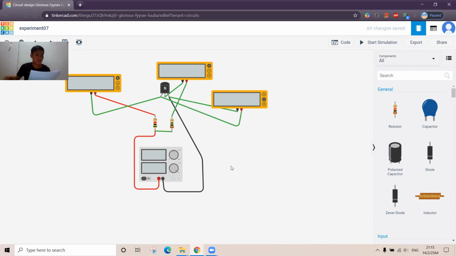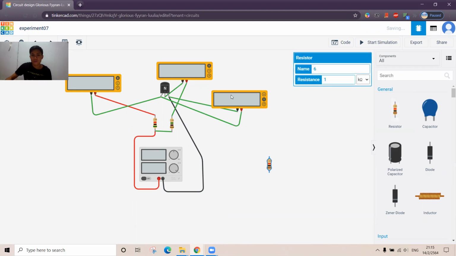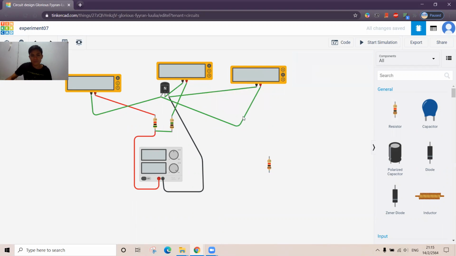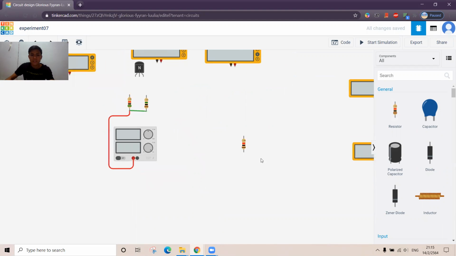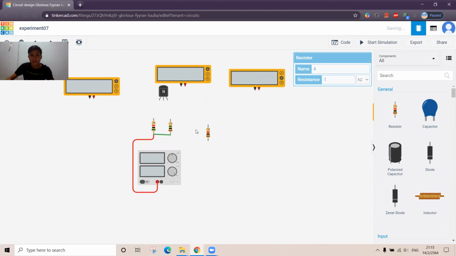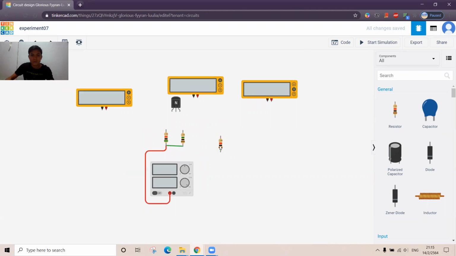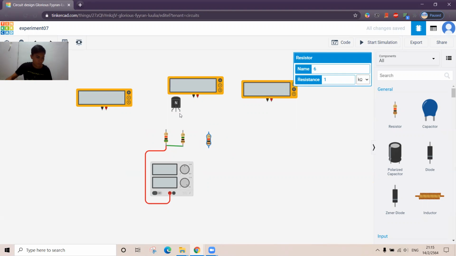Part 2 of the experiment: design the self-biased circuit. So we need 3 resistors. One more here. It's very similar to the first one basically. This one.